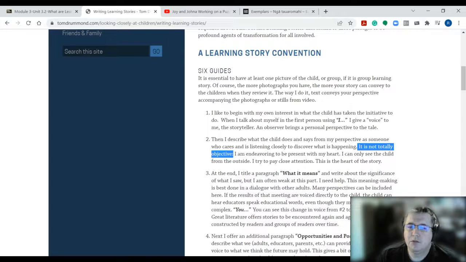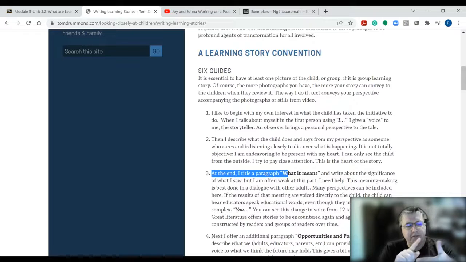Where you looked really happy, and I was really glad as well. So you can use words like that, but don't try and analyze it within the story itself. Okay, the next one. So we have the title, pictures, story. The next one we need to have is the what does it mean. Now, for the what does it mean, I want you to actually put that subtitle there.